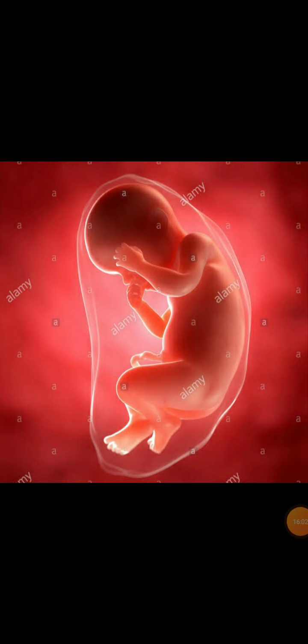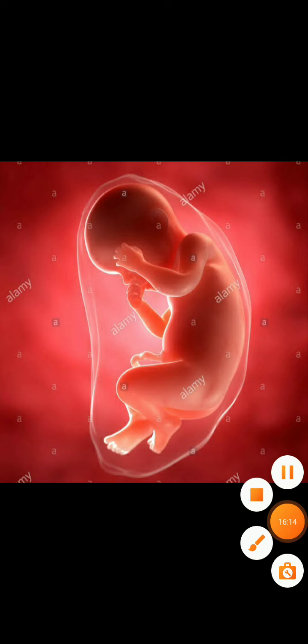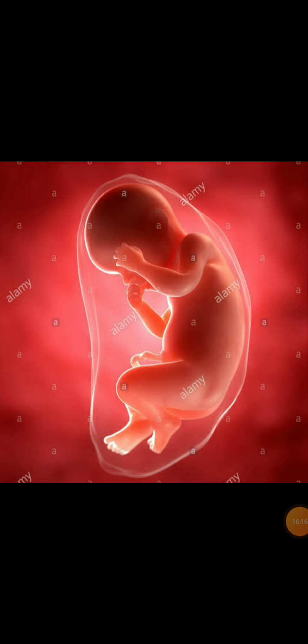Now the embryo gets nutrition from the mother's blood with the help of a special tissue which is called the placenta. What is it? Let us see.